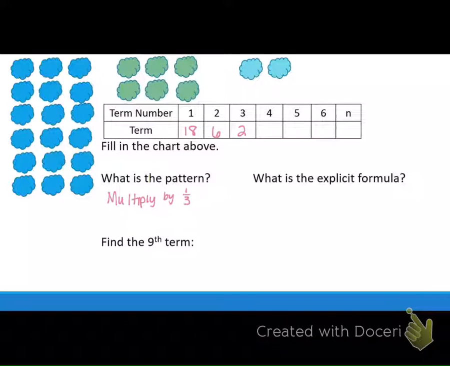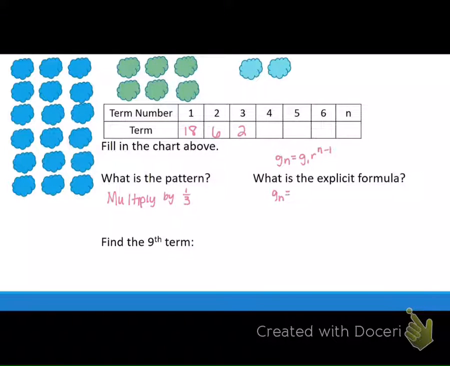Mike, give me the geometric explicit formula. The formula is G sub n equals G sub 1 times r to the n minus 1.